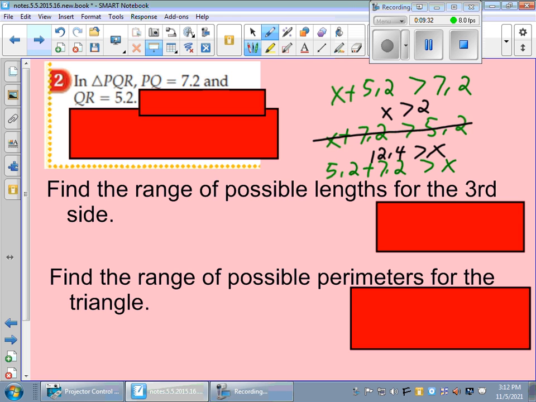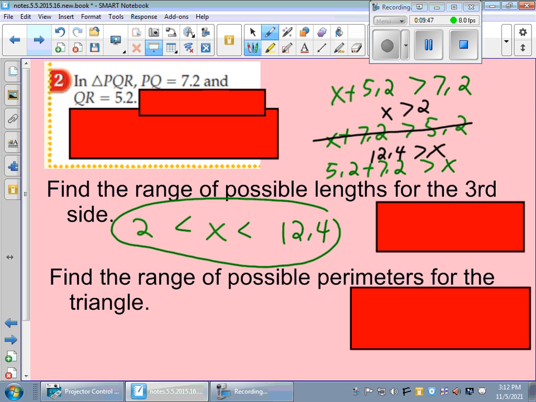So again, here is our possible range. X in the middle, higher number to the right, 12.4, lower number to the left, that's 2. This is our range of values. Again, now if we want the perimeter, you have to add those two together. So we already have 7.2 and 5.2, so we're going to add 12.4 to both of these.